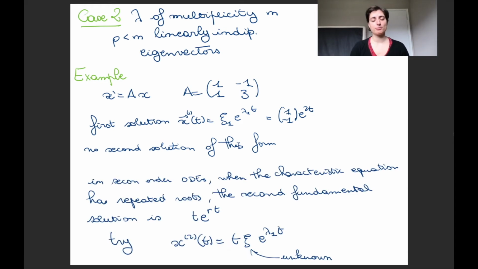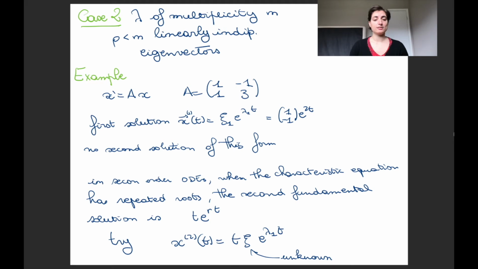But if we remember second order ODEs, when the characteristic equation had repeated roots, the second fundamental solution that we wanted was of the form t times e^(rt), where r was the solution of the characteristic equation.